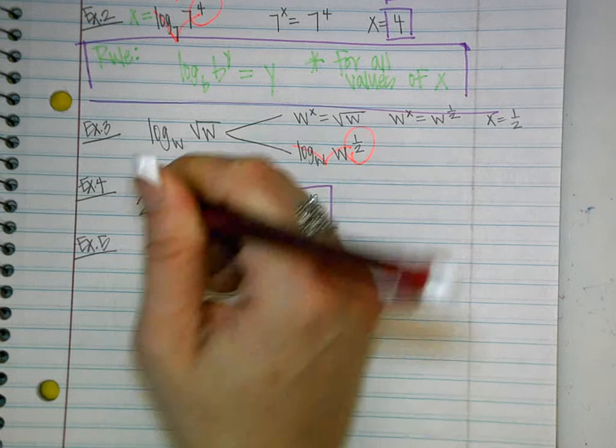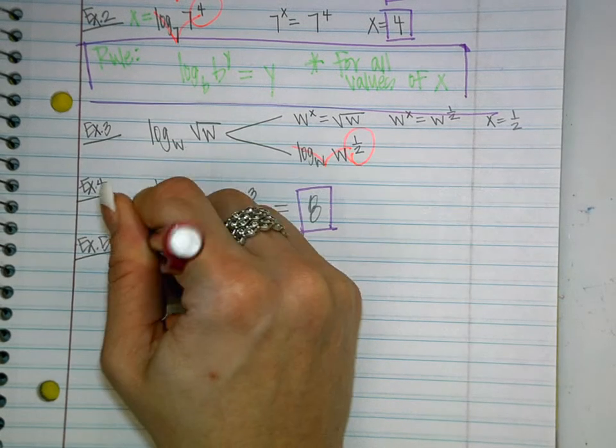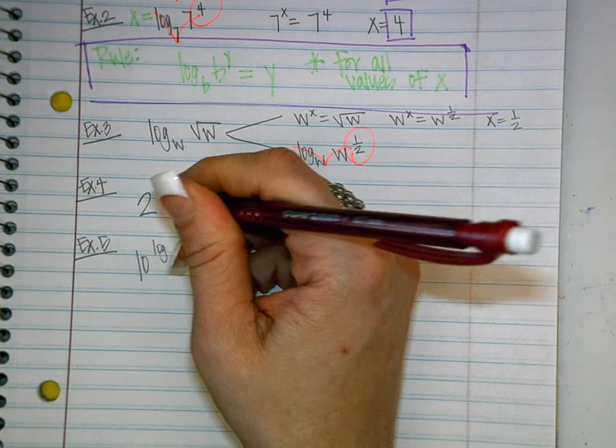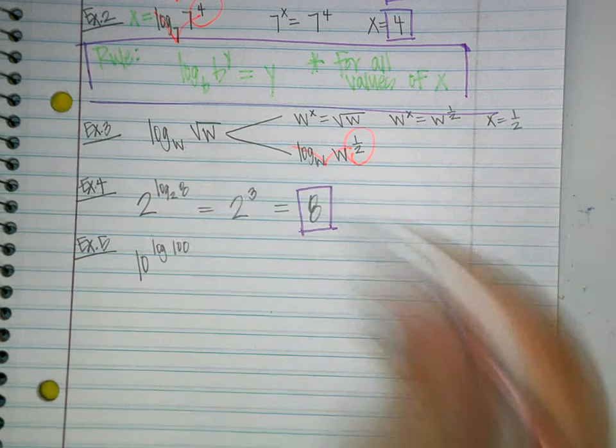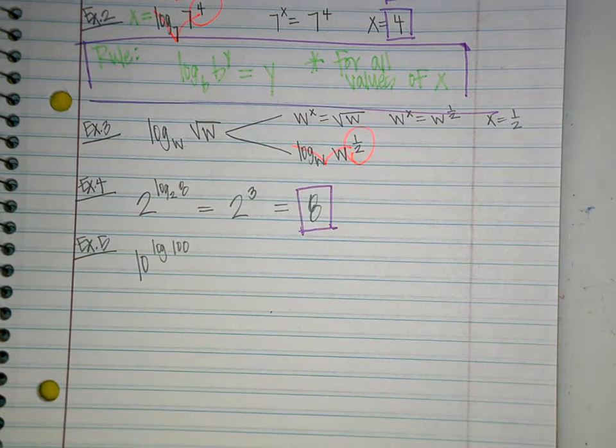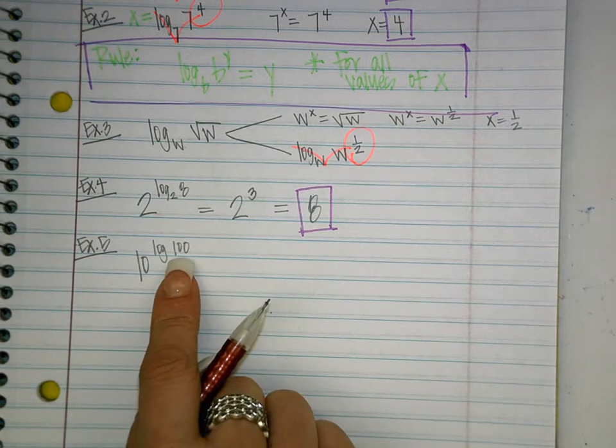If I give you 10 to the exponent log 100. For this one, what's missing here?